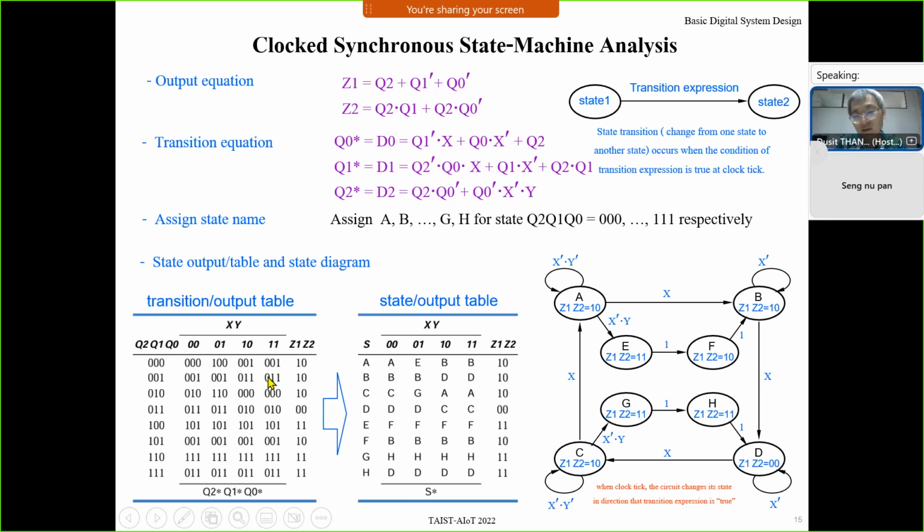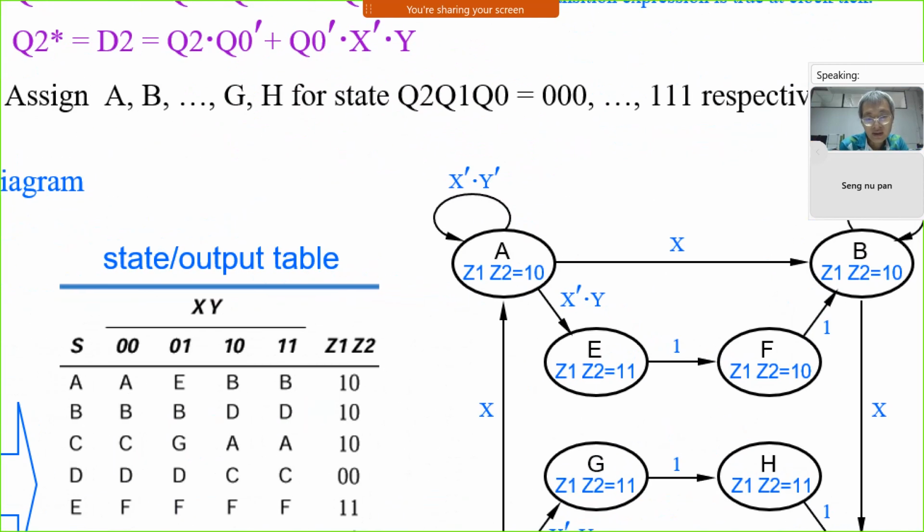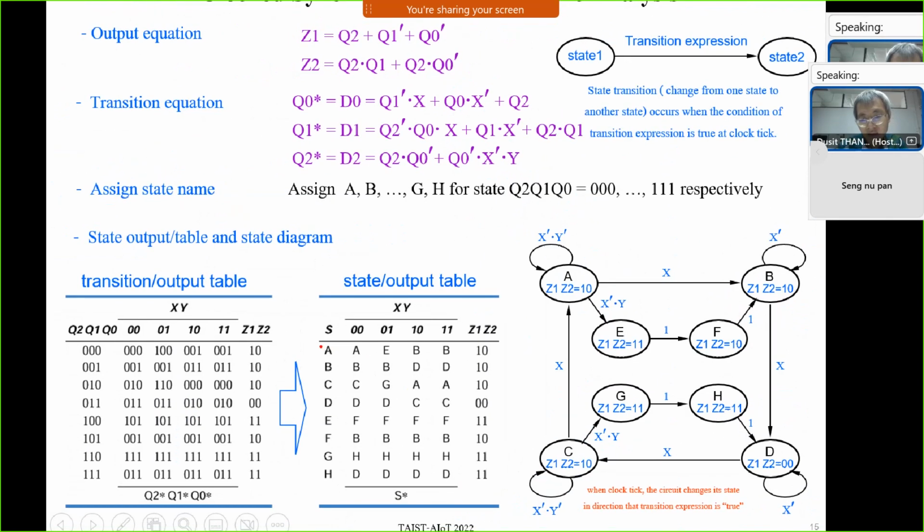When you convert to the transition table, you can write something like this. And when you name each state value, you can name, for example, A, B, C, D, E, F, G, and then H. And when you write the state diagram, the point is this one. For example, when you change from state A, when input XY is 1, 0, change from A to B, right?